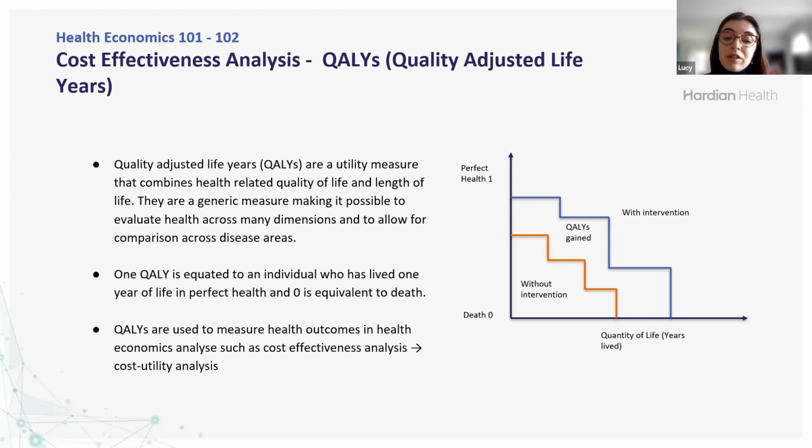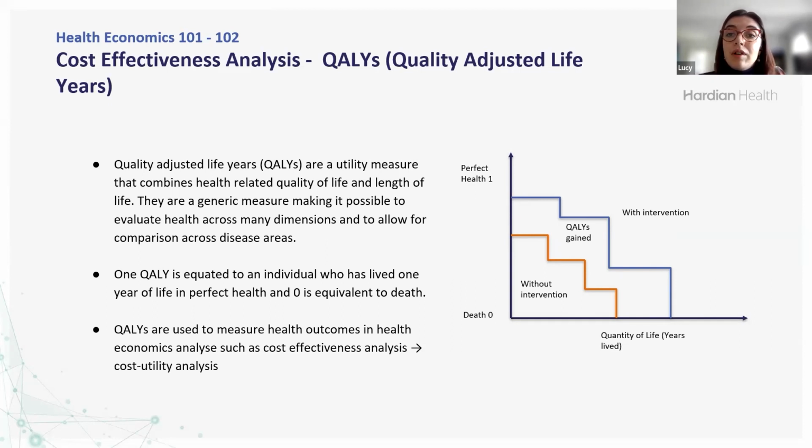And this is a utility measure that tries to capture the quality of a patient's life, but also the amount of time that a patient has lived with that specified quality of life.